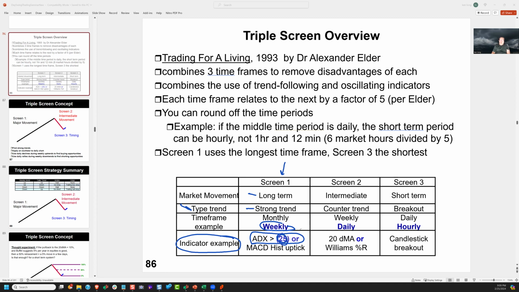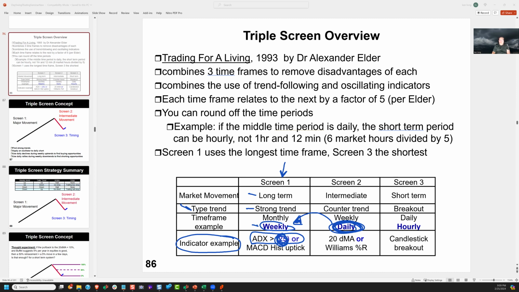It turns out that daily ADX greater than 25 is also a strong trend. So one of the ways that we simplified our system was instead of scanning on weekly, we just said, let's pick a reading on ADX 25 that is on a daily so strong that if you went up to the weekly chart, you would see a strong uptrend.